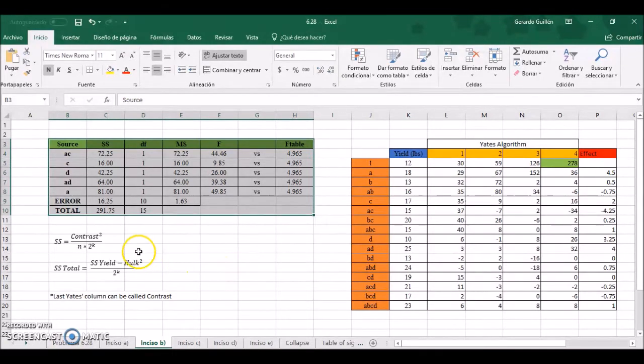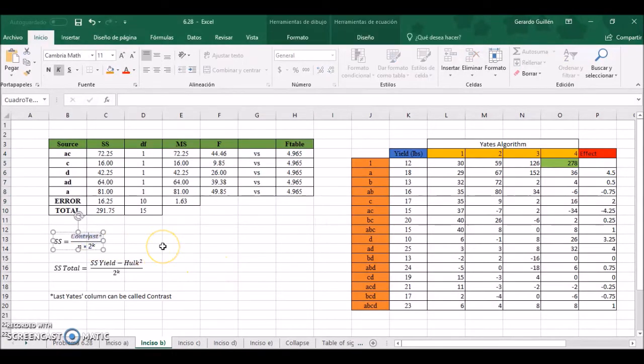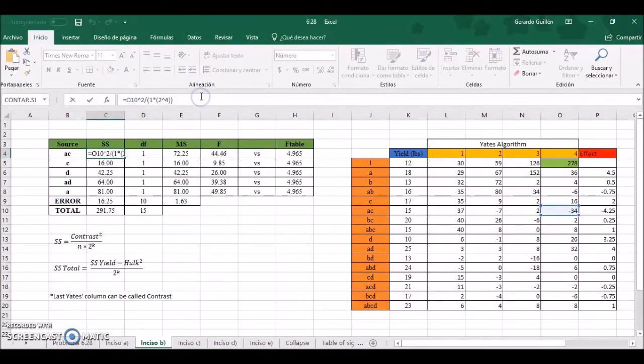To do the sum of squares, we are going to follow this formula, which is the contrast squared over n times 2 to the k. So we are going to select the contrast of the AC, which is this one, and raise it to the second power. Then we divide it by n, which is 1, times 2 to the k.